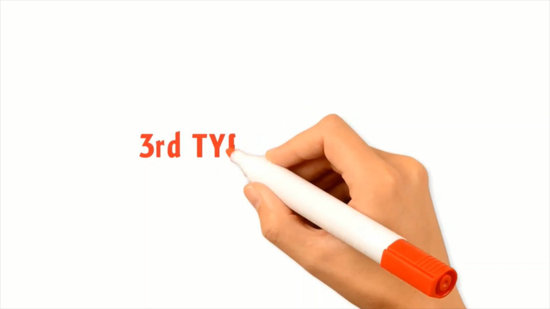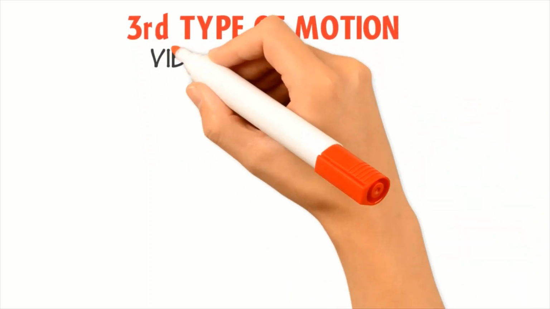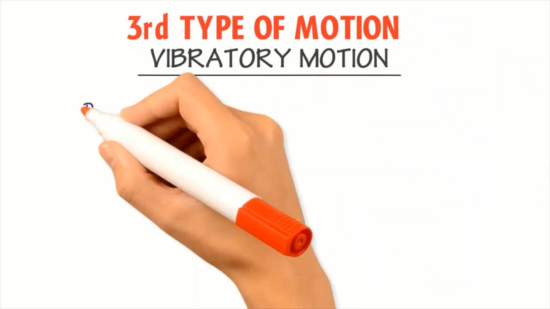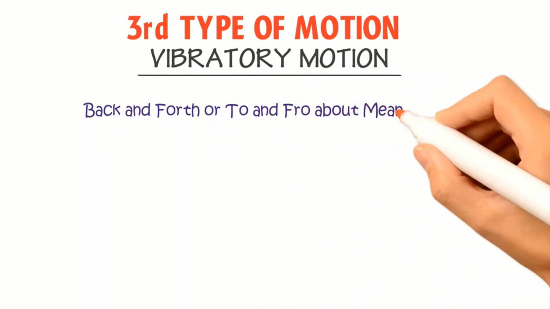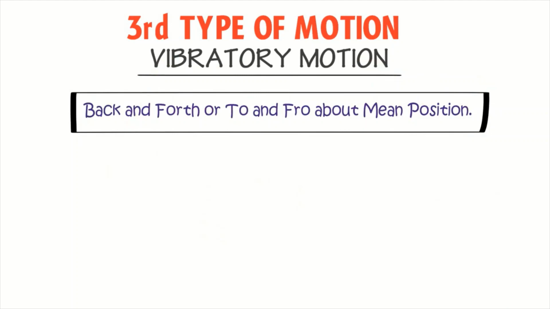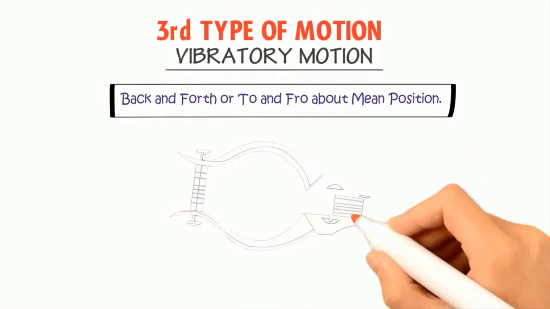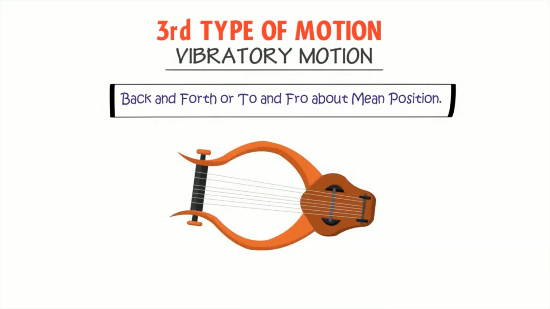At last, let me teach you the concept of the third type of motion, which is vibratory motion. The back and forth motion or the to and fro motion of a body over the same path about its mean position is called vibratory motion. For example, the motion of wires of a sitar or violin. These wires move up and down.